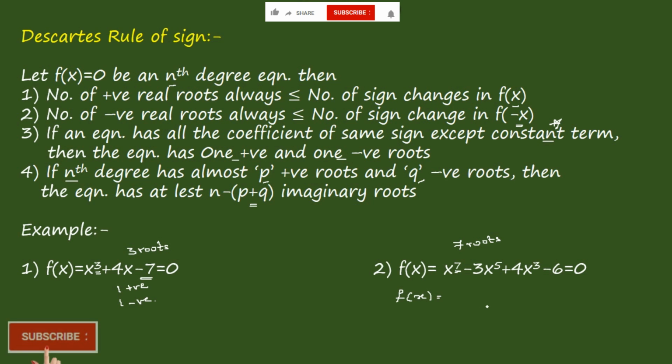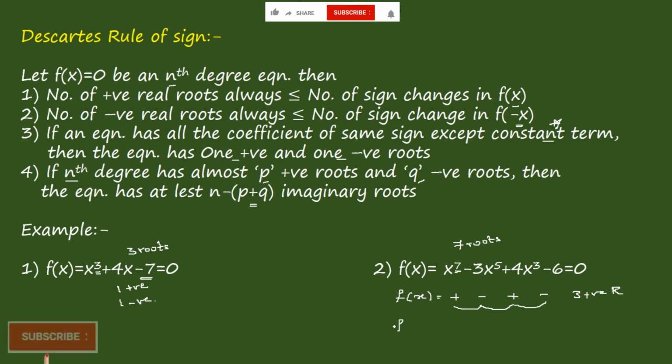We have to consider the number of sign changes. Here it is positive, here negative, then positive, then negative. The number of sign changes is 1, then 2, then 3. So it will have 3 positive real roots.